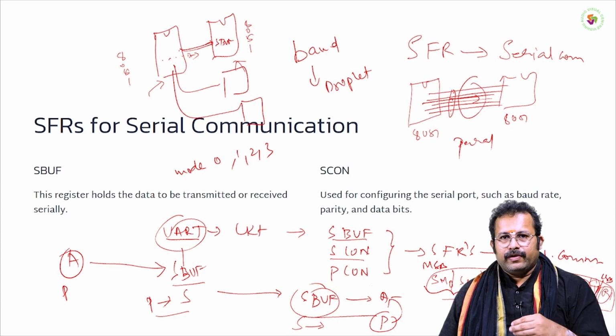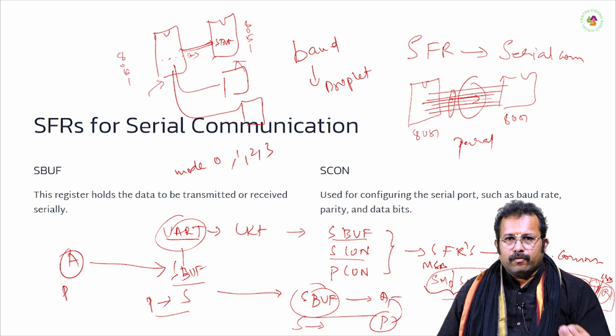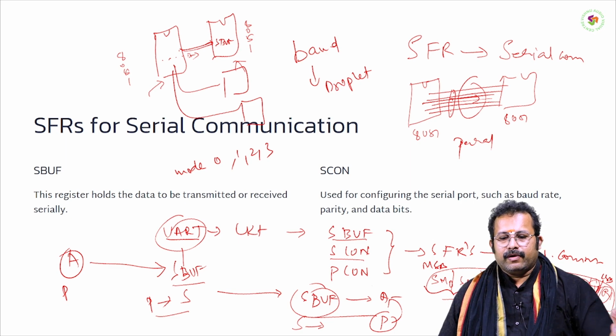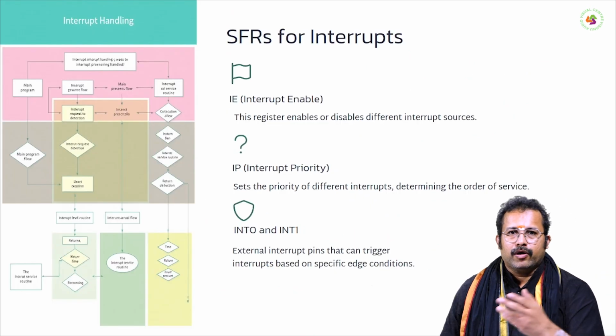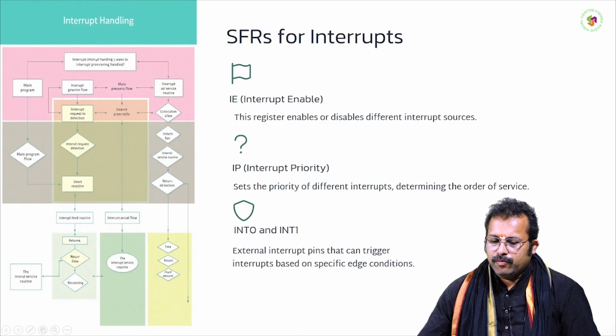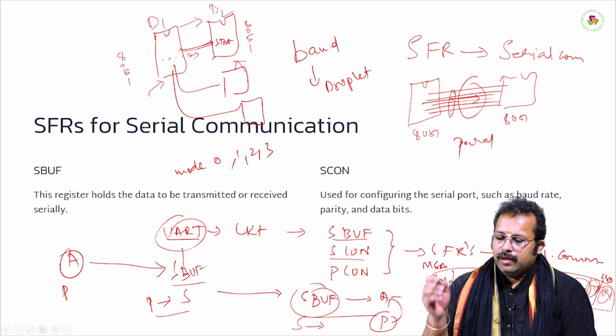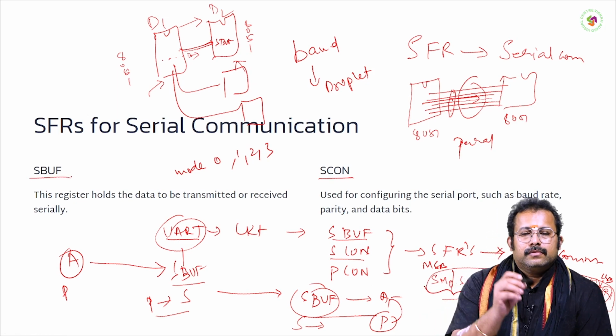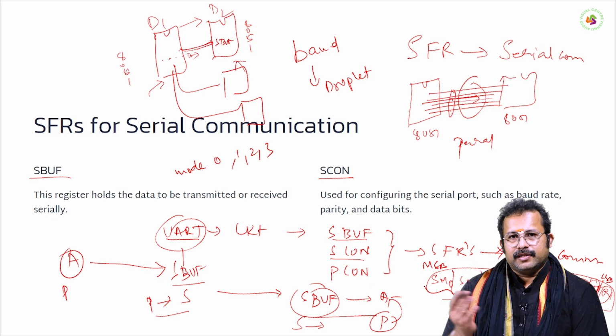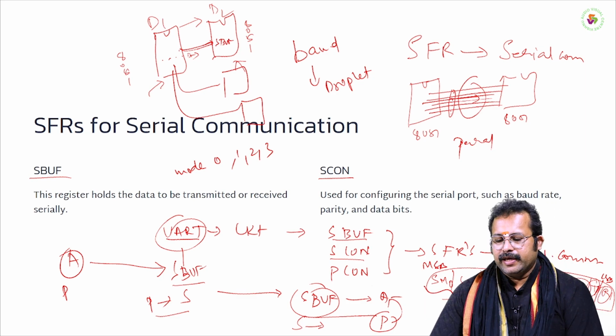In such a manner, we design a rate called baud rate, at which this 8-bit data moves from device 1 to device 2. This baud rate is defined by SCON, and whatever data is transmitted and received is taken care of by SBUF.